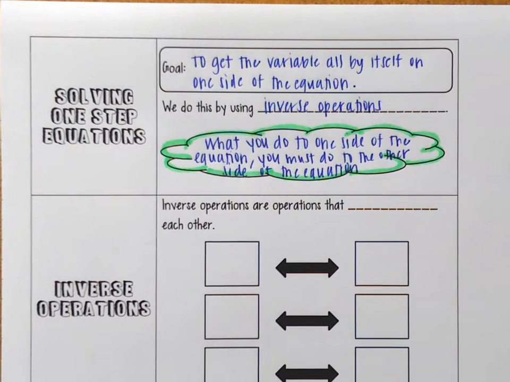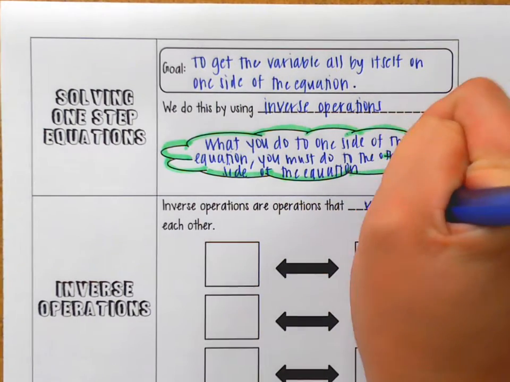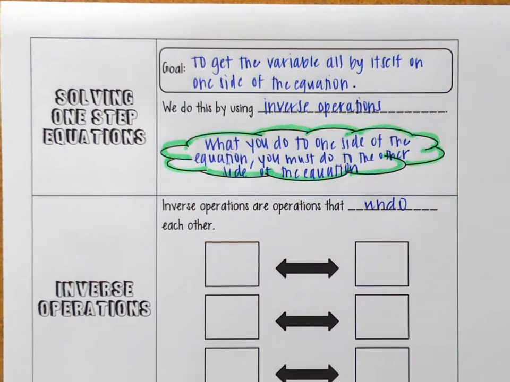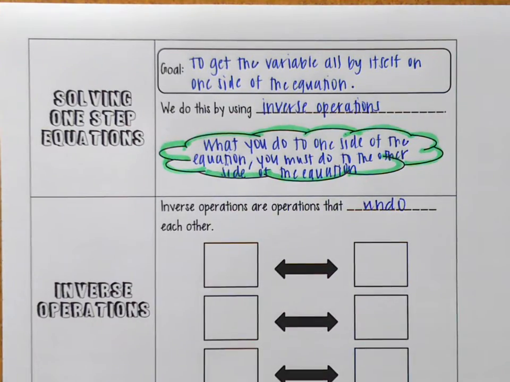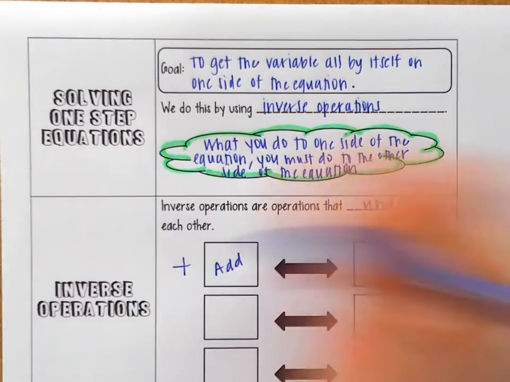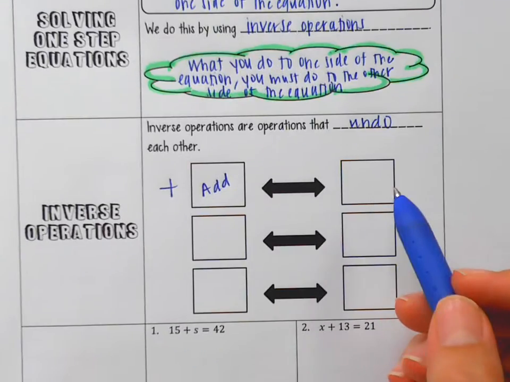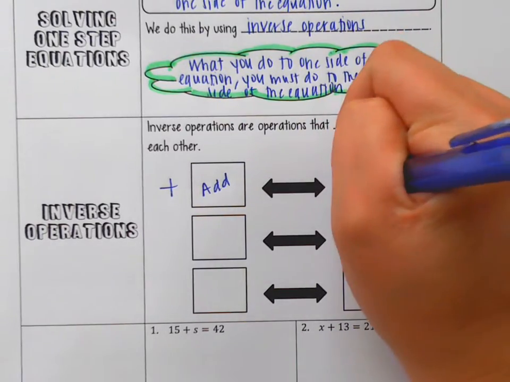Now let's first talk about inverse operations. Inverse operations are operations that undo each other. They're kind of like the opposites of each other. If I have addition, which is plus, the opposite of addition is subtraction.